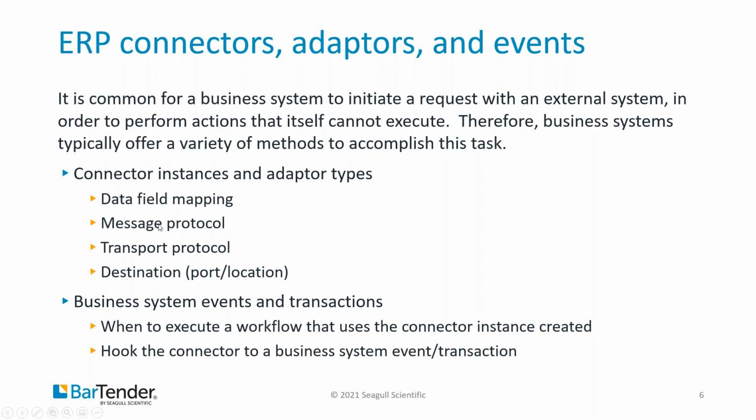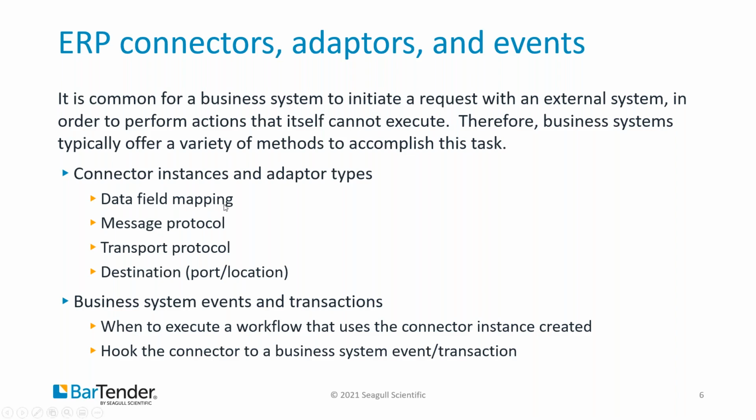The message protocol itself, so the format of the data: is it CSV data? Is it XML data? What is the format of the content? The transport is the method in which the message is sent: file, email, web service request, etc. And the destination of where that message is being sent to.